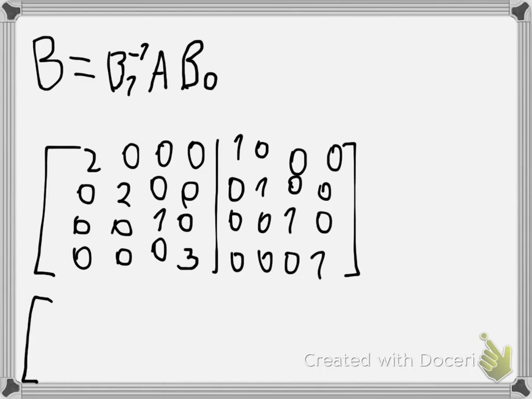Here it's not that complicated. We can divide the first row by 2 to get the 1. We can also divide the second row to get the 1. We do nothing in the third row, and the last row we divide by 3, or you multiply it by 1/3. It's the same thing. And so we get our identity matrix.